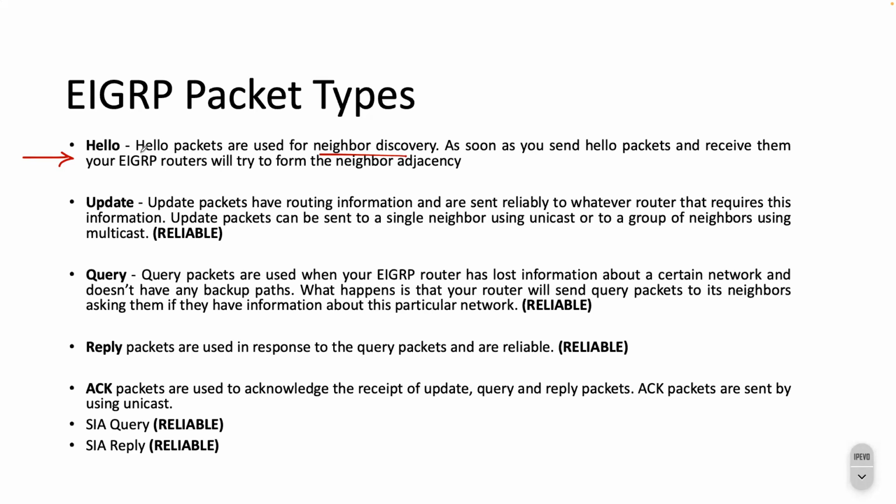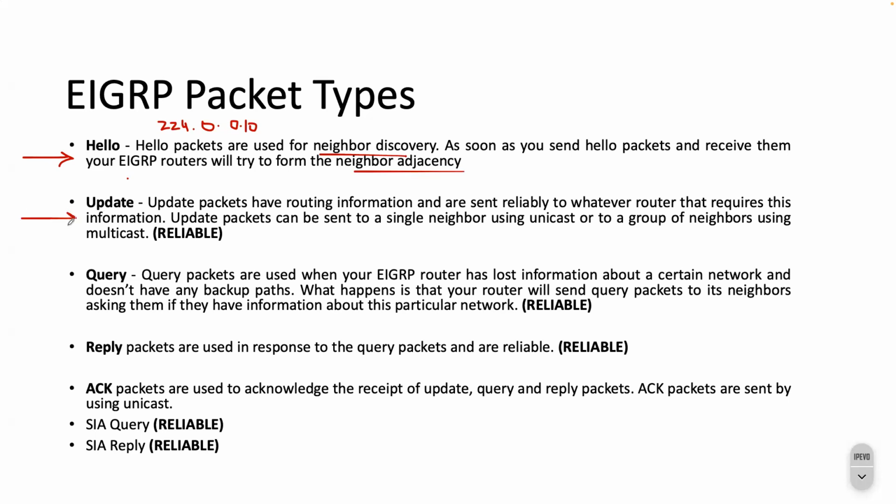Usually multicast, but can be unicast as well. Right. What's the multicast IP address? 224.0.0.10. That's where I will send my hello packets, and they are used to form your neighbor adjacency.